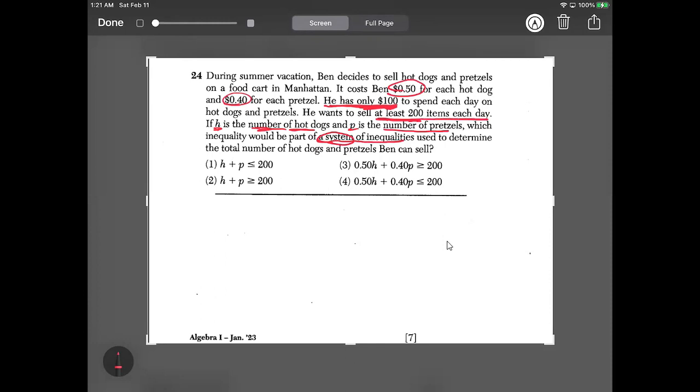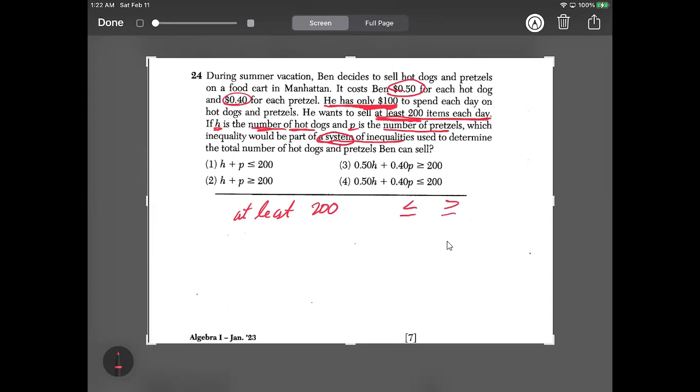So basically those are going to be our constraints. So he has only $100 and he wants to sell at least 200. So the question is, how would you write an inequality that represents at least 200? Do you write it like this or do you write it like this? So that's one of the things we've got to answer.